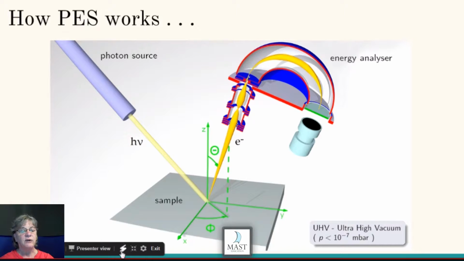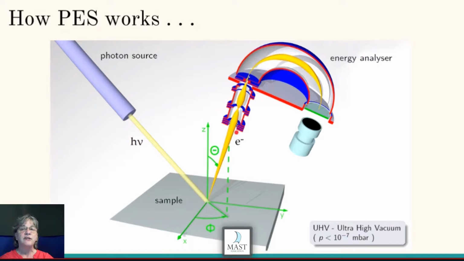This is a schematic of how photoemission spectroscopy works. In this scenario, there is a source of photons, typically in the ultraviolet or X-ray range. The energy associated with those photons is known and identified. Those photons are directed at a sample, and when they hit the sample, they cause electrons to be ejected. The electrons that are ejected are collected by an energy analyzer.